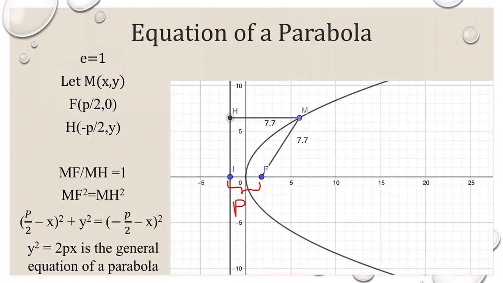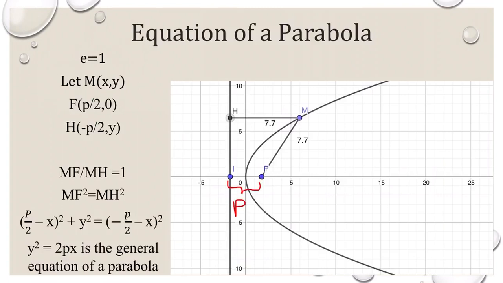Any shape, conic or curve is formed of points. The relation between the coordinates of any point on this curve is the equation. So the conic, here the parabola, is a set of points, and the relation between the coordinates of any of its points is called the equation of the parabola.